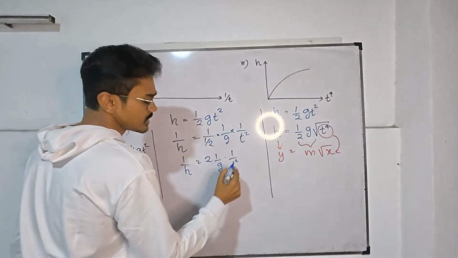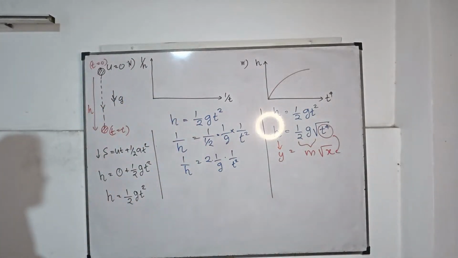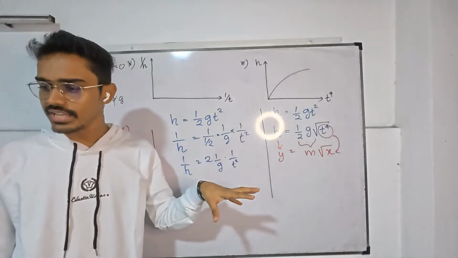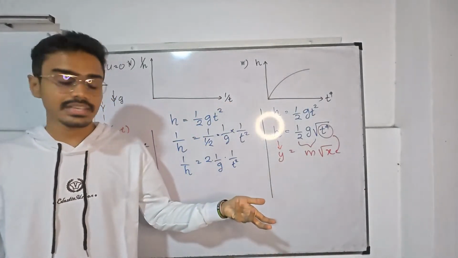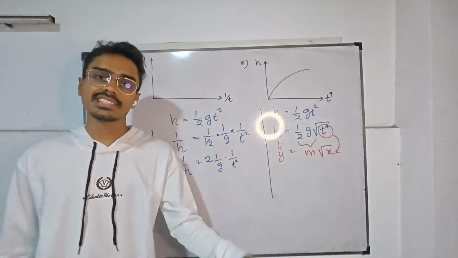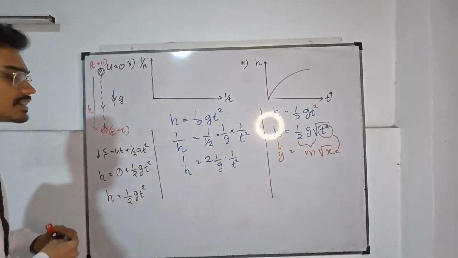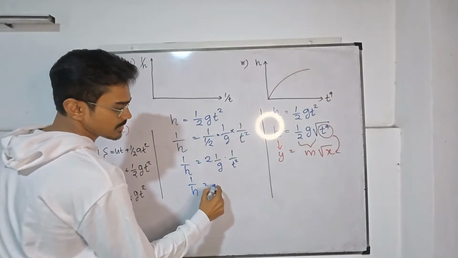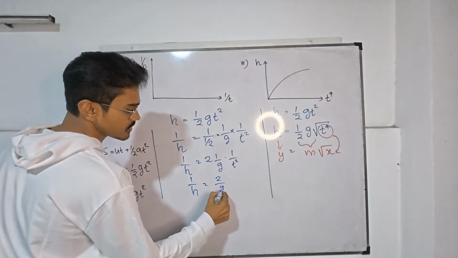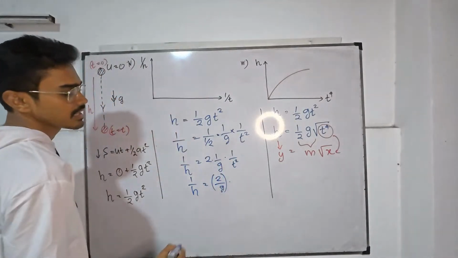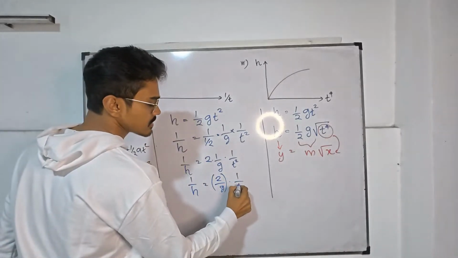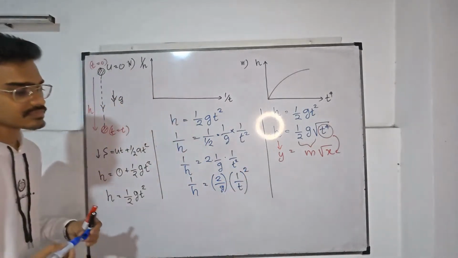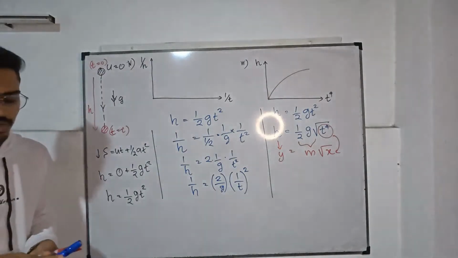1 over t squared. What I need is 1 over t. Now again I am going to reshape this equation as 1 over t is created. See what we can do? This can be written as 1 over h equals 2 times 1 over g, which is 2 over g, no? 2 over g. Right? And this can be written as 1 over t, the whole thing squared.